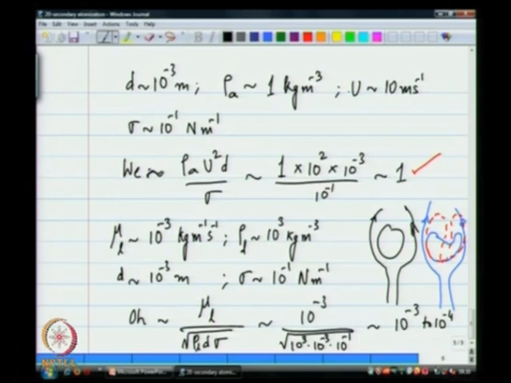What this shows is that the role of viscosity in damping out oscillations is very small, because the Ohnesorge number is on the order of 10 power minus 3 to 10 power minus 4.